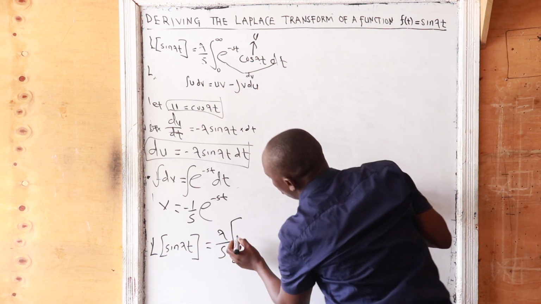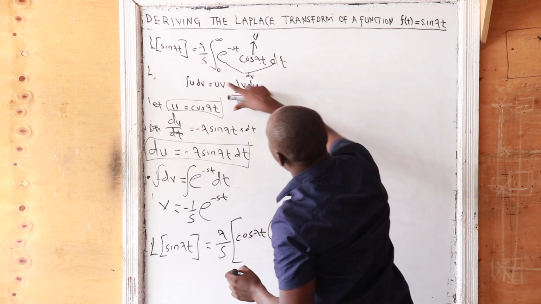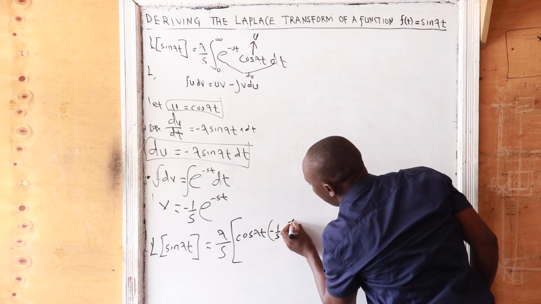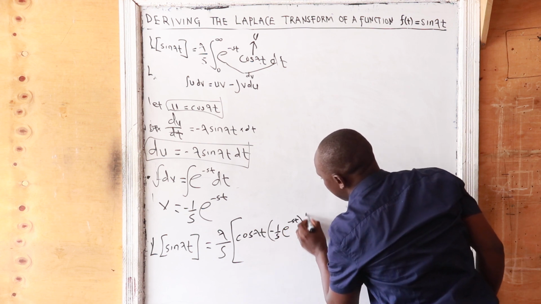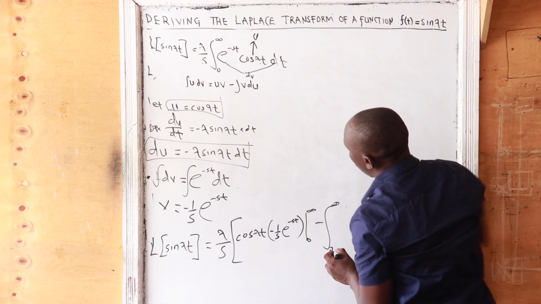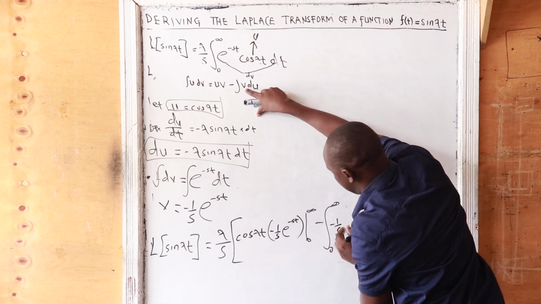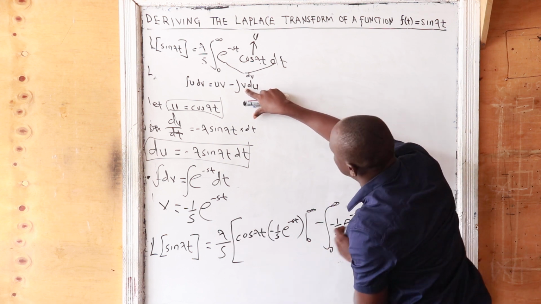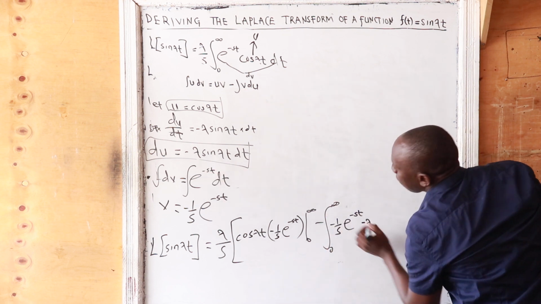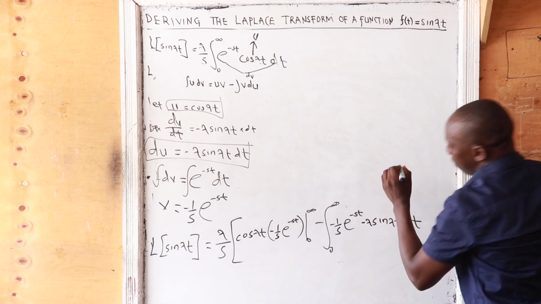Our u is cos lambda t times our v, which is minus 1 over s exponential minus st. This is from infinity to 0, minus the integral from infinity to 0. The integration of v, our v is minus 1 over s exponential minus st. Our du is minus lambda sine lambda t dt.